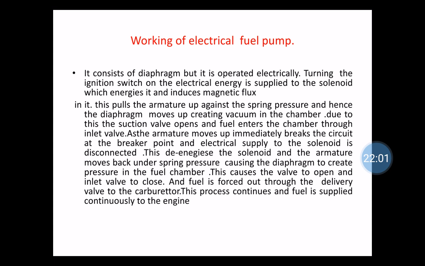This movement causes the diaphragm to create pressure in the fuel chamber. This causes the pressure valve to open and the inlet valve to close, and the fuel is forced out through the outlet valve or delivery valve to the carburetor.